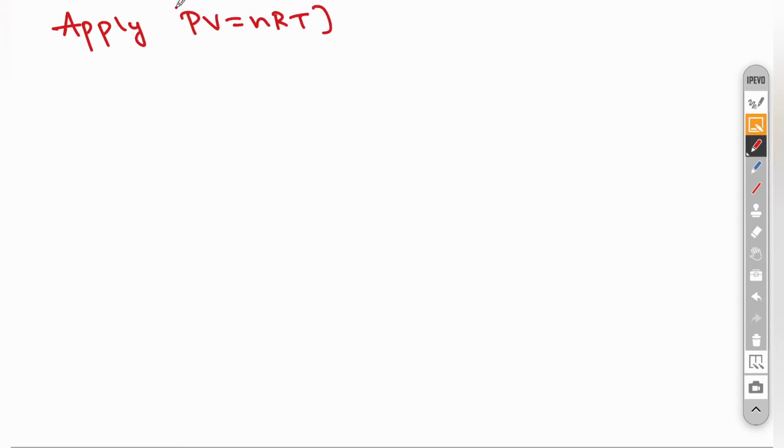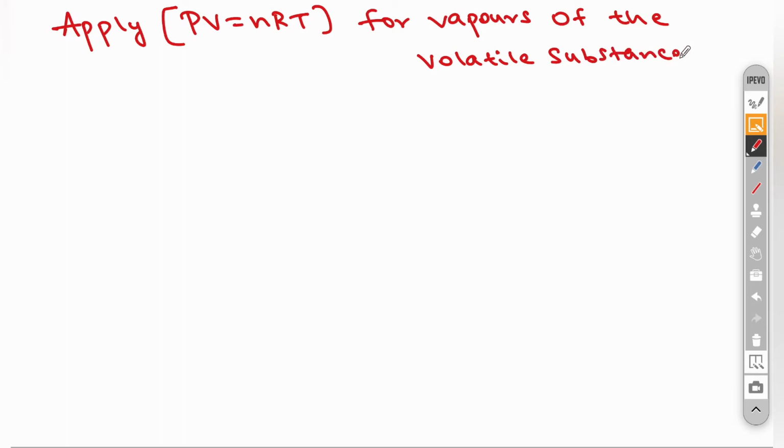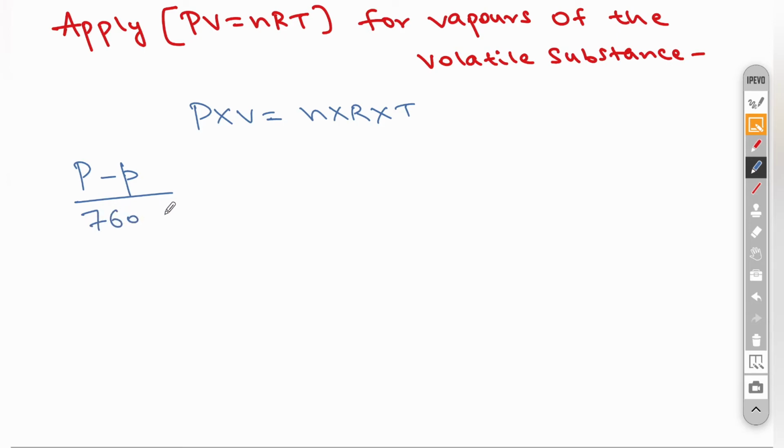We'll apply PV is equal to nRT, which is the ideal gas equation, for the vapors of the volatile substance. So we have P times V is equal to n times R times T. The modified pressure we will write as capital P minus small p divided by 760, so as to convert into atm. Volume we have V divided by 1000 to convert into liters.